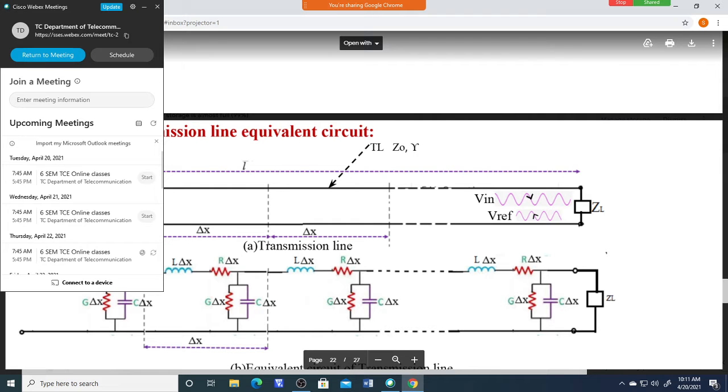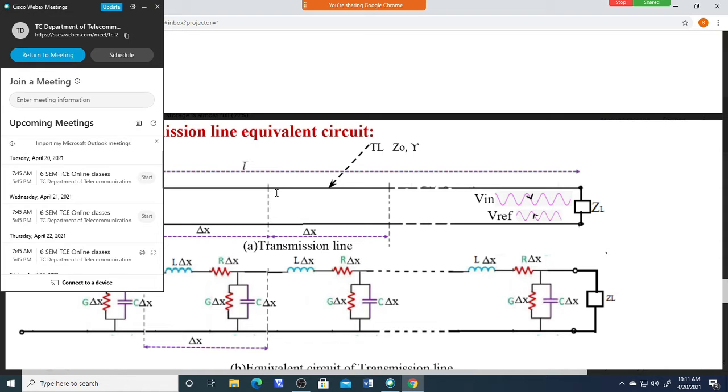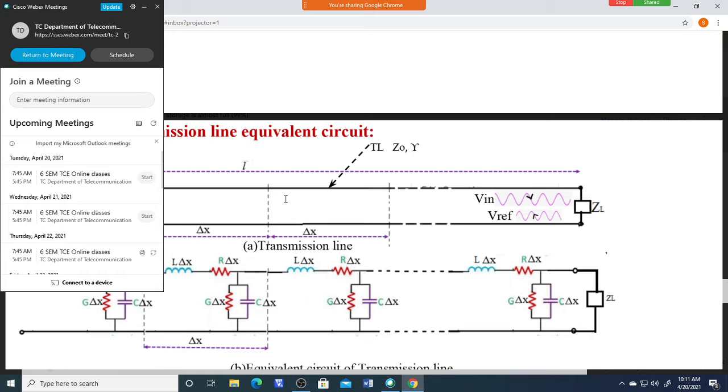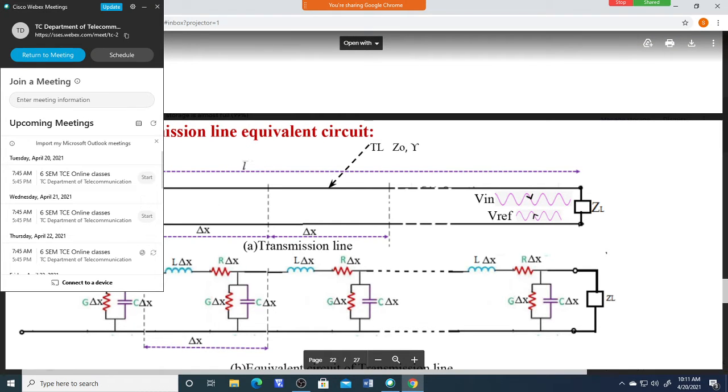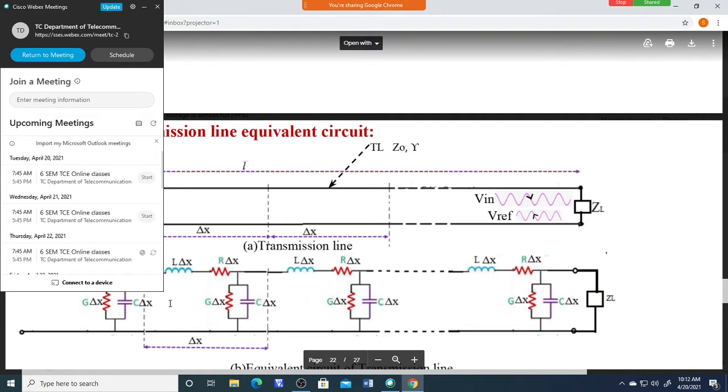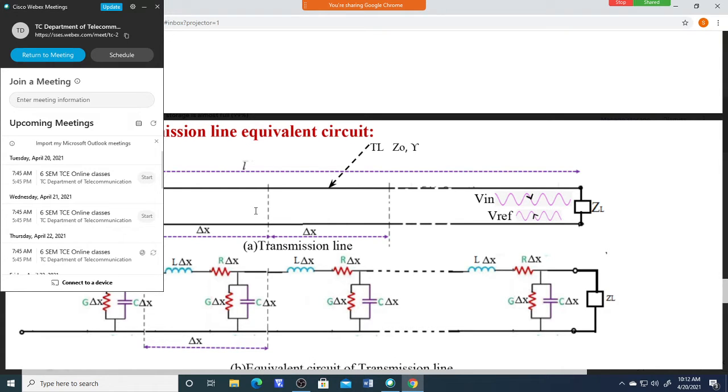If the length of the line is equal to 3 centimeters, then it offers an inductance of 2 Henry per centimeter, so 3 into 2, that is 6 Henry, if the length of the line is equal to 3 centimeters. Like that you can calculate. So the values of L, R and C increase as the length increases. All these values are expressed in terms of per unit length. Unit length may be mm, centimeter, meter or anything.